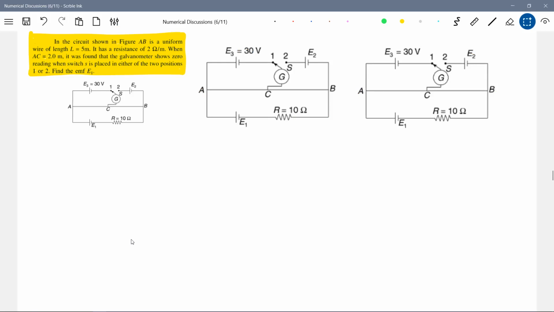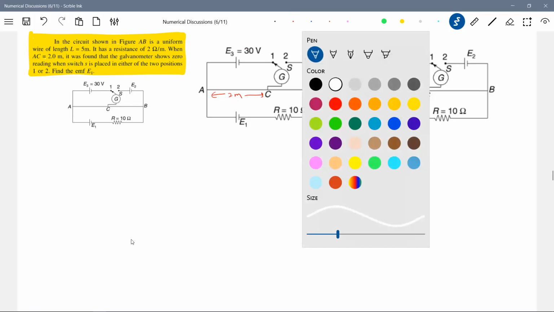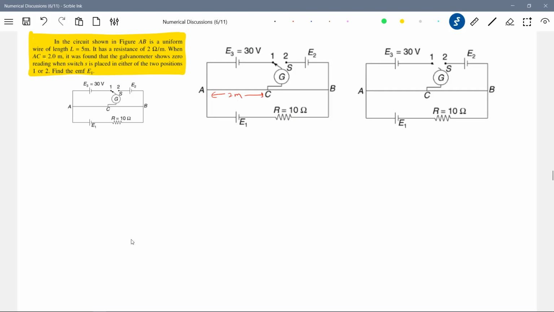Okay, when this is 2 meter, the galvanometer shows zero reading when the switch is placed in either of the two positions. Either of two positions means I can change. I'll move the switch to the other one.